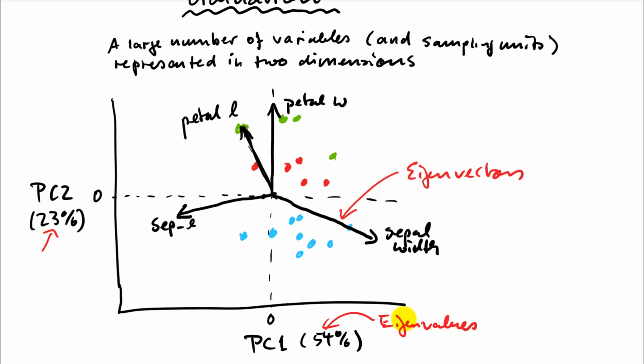It's a simplification of a complex data set with many variables and many points, and you can make sense of this quite easily. All points that are at the bottom have low values for petal width and petal length. So you can see the blue group would have low values in that case. The green group would have high values, and the points that are to the right have high sepal width and low sepal length. So that's how this works and how the ordination is interpreted.